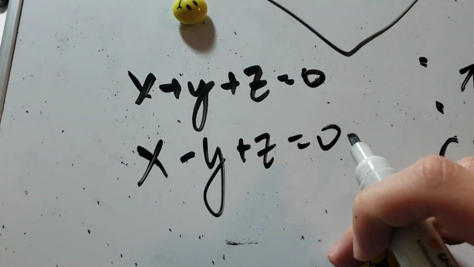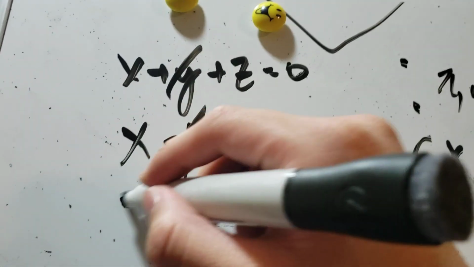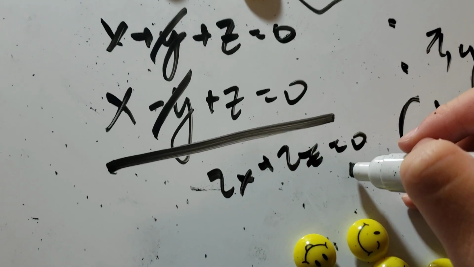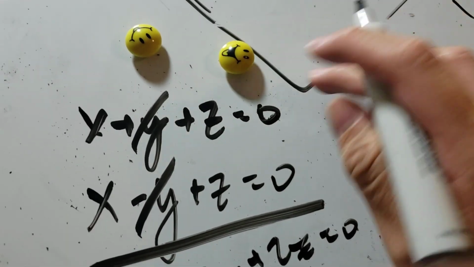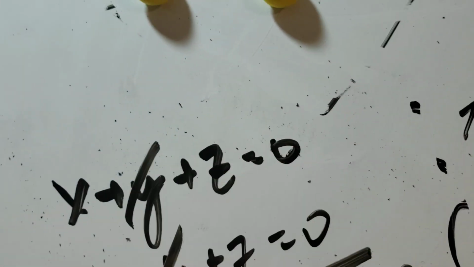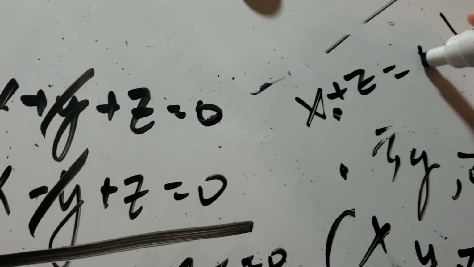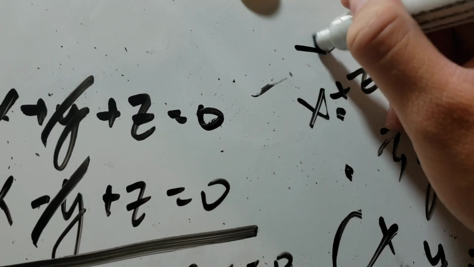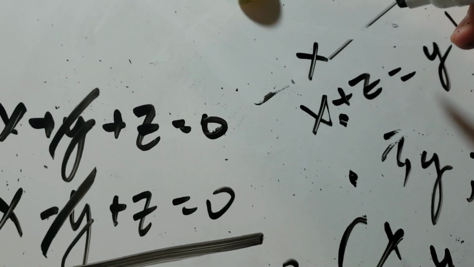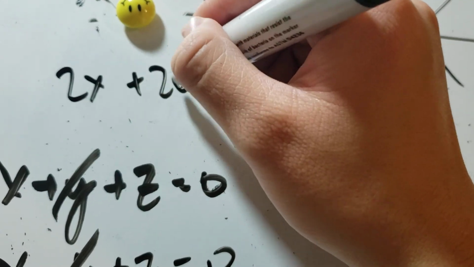We could do the subtraction and get 2x plus 2z equals 0, but instead I would take the path of x plus z equals y, and plug in y over here, which gives 2x plus 2z equals 0.